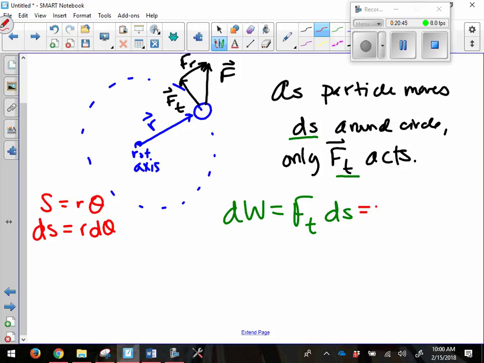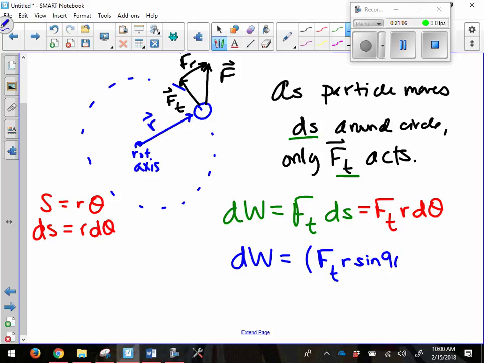So I can rewrite this as F_t r d theta. And then if I want to, and I do, I can insert a sine of 90. Why can I insert the sine of 90?